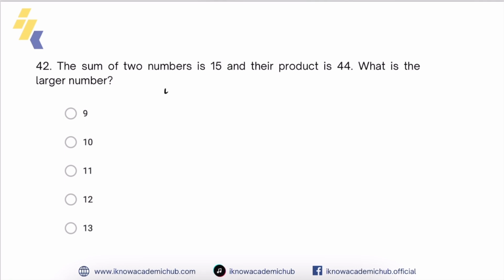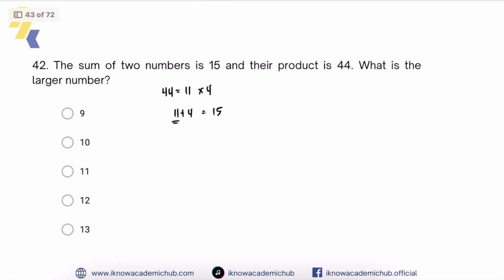So we have 44 is equal to 11 times 4. And if we add 11 and 4, the sum is 15. So basically, the 2 numbers are 11 and 4. And which among the 2 is the larger number? The larger number is 11, and thus that's the correct answer.